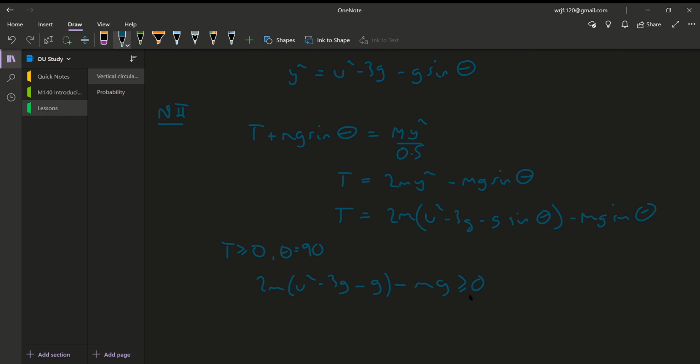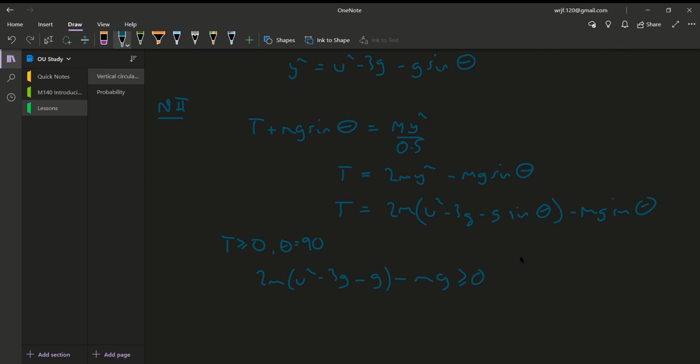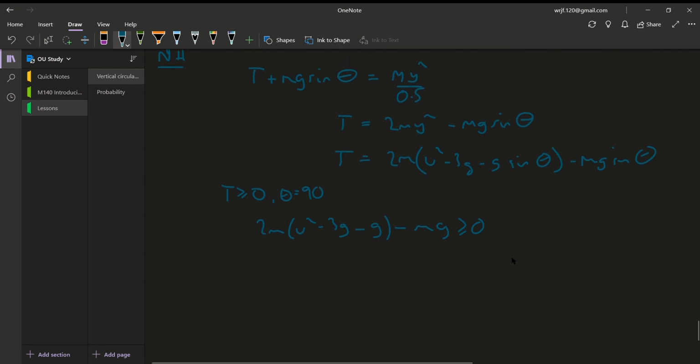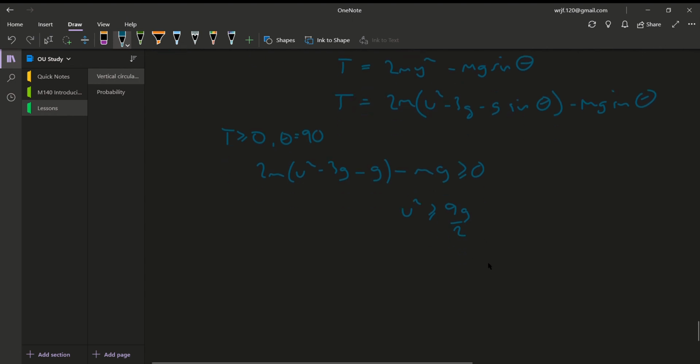And then that gives us a relatively straightforward inequality to solve. The m's cancel out. We can rearrange it fairly quickly to get u squared has got to be greater than or equal to 9g over 2. And then we can work out what our minimum value for u is.